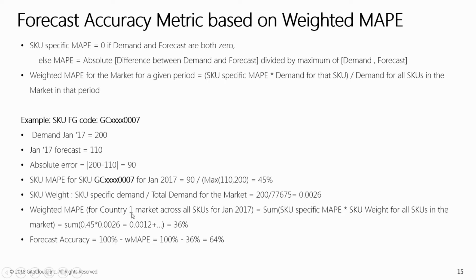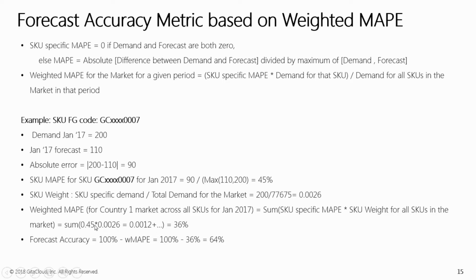So the weighted MAP for the market for which we did analysis is the sum of the MAP for the specific SKU multiplied by the weight, and then we continue that.